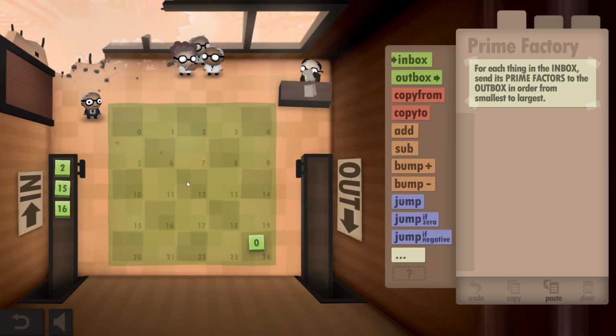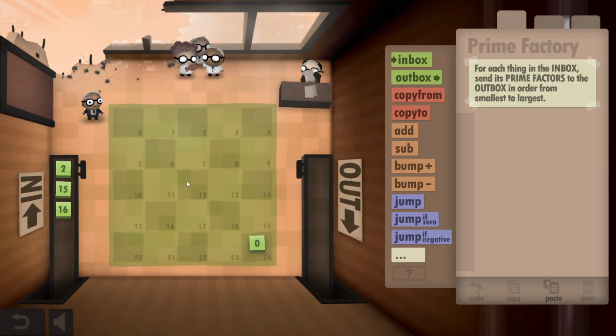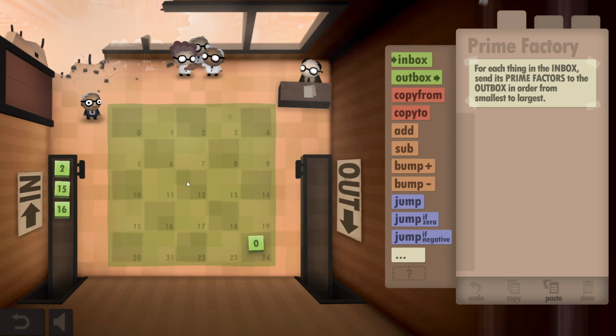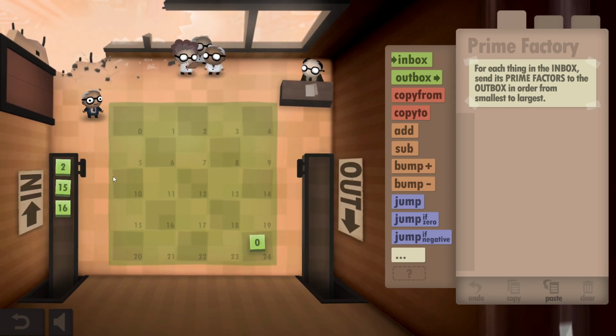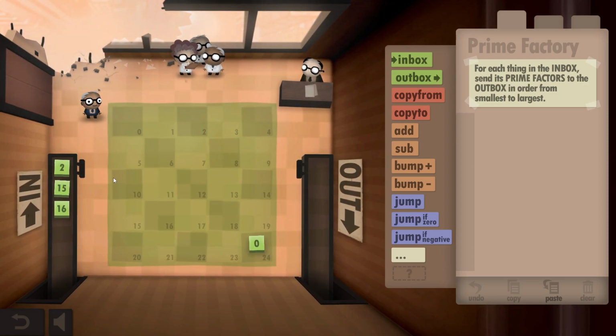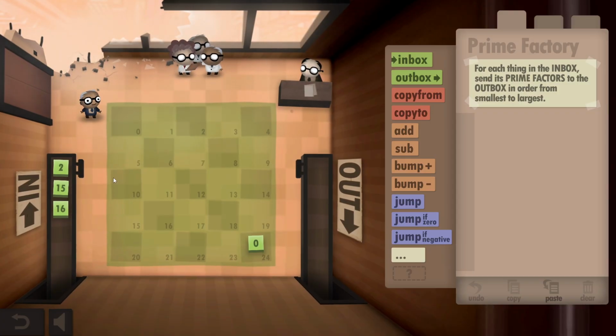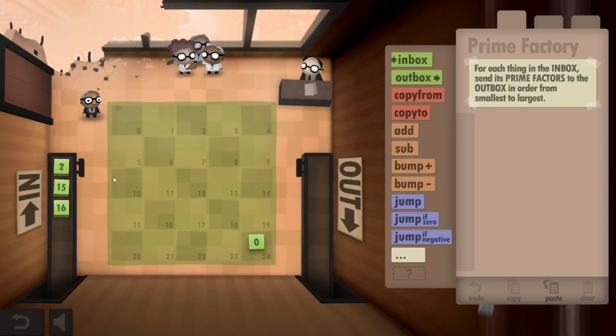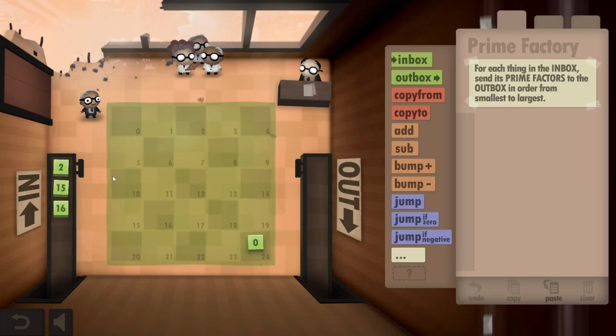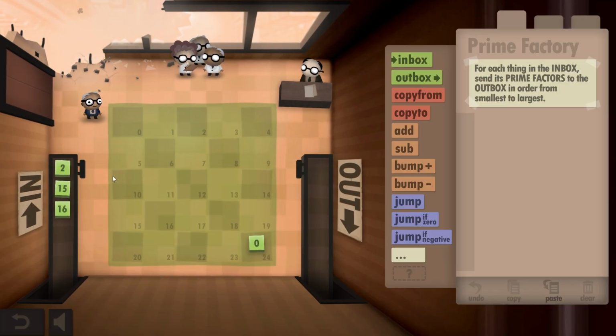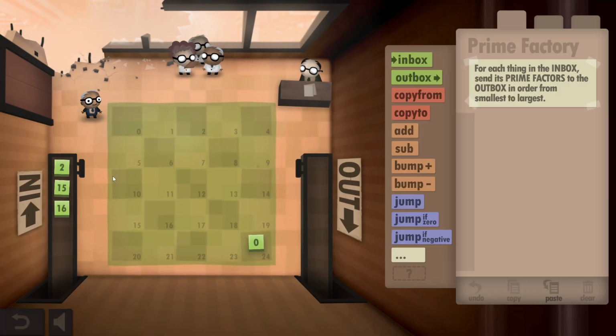So we need to divide the number, going from the smallest prime number, and tell how many times.